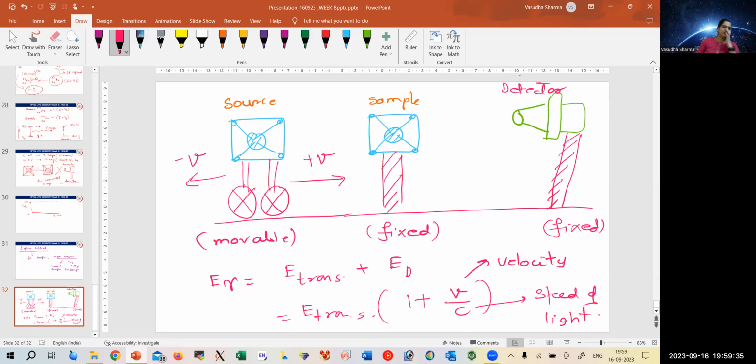Okay, so why are we doing it? Earlier, when both were in a solid matrix, there was less peak energy, and the source is in an excited state, the sample is in ground state. So the total amount of energy being lost is being taken up by the sample. The absorbance was 100%, transmittance was 0. So we were not able to see anything.